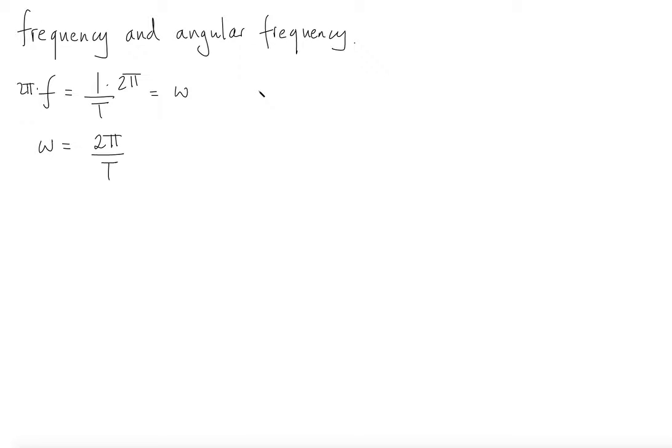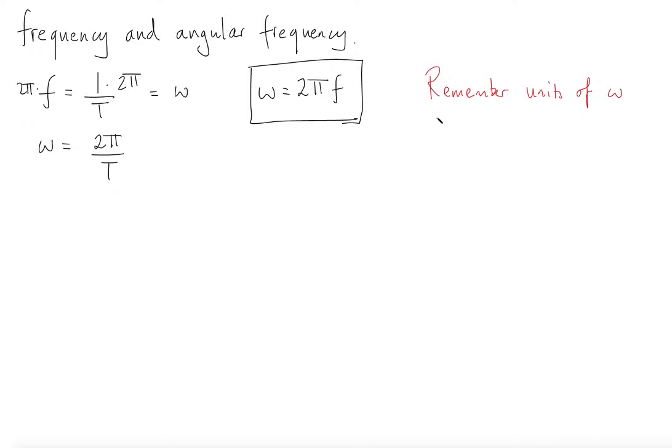So omega equals 2 pi f is the relationship between the angular frequency and the frequency, if you like. Remember that the units of omega are radians per second.